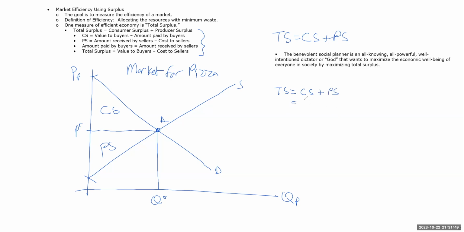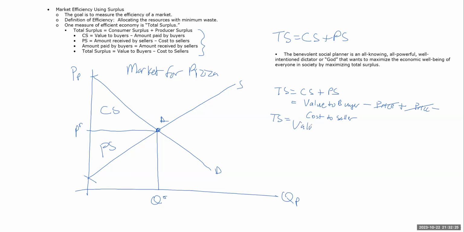Consumer surplus is value to the buyer minus amount paid, or price, plus producer surplus, which is amount received by the seller, or price, minus cost to seller.